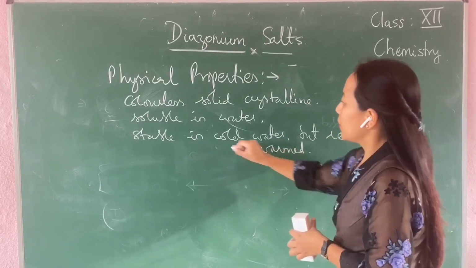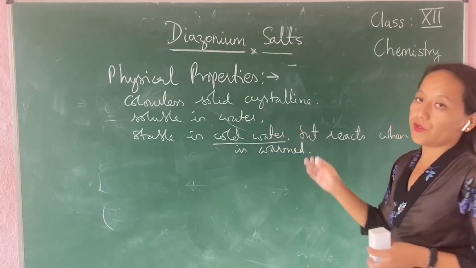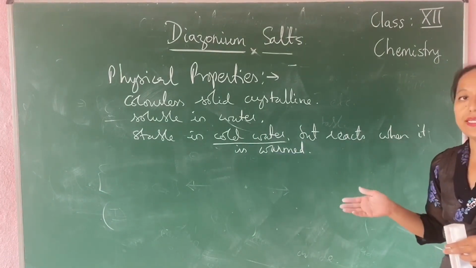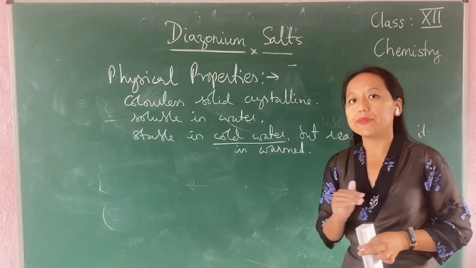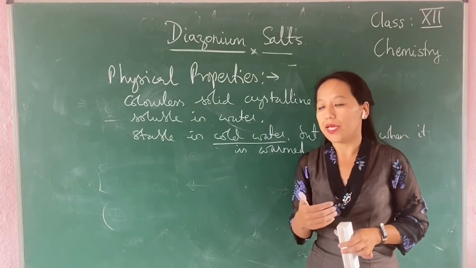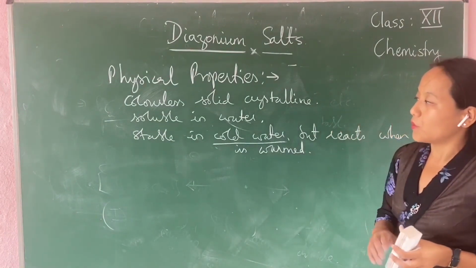So again, you need to remember the low temperature for its stability. Colorless, solid, crystalline, which is soluble in water, stable only at low temperature. As you increase the temperature, it also starts reacting. So that's about physical properties.